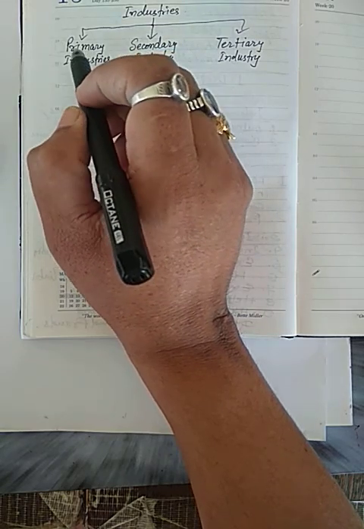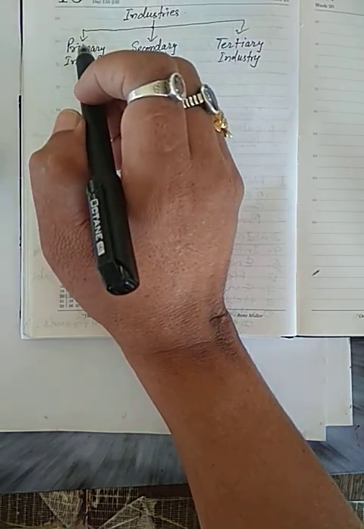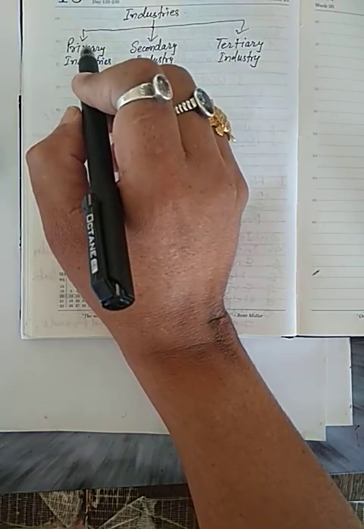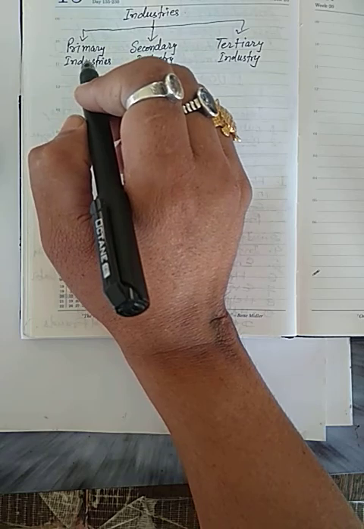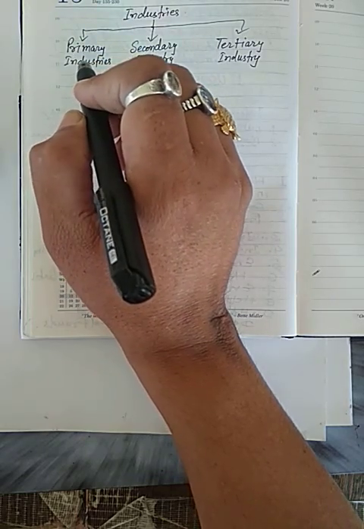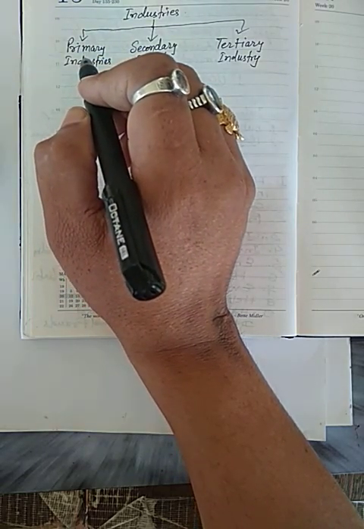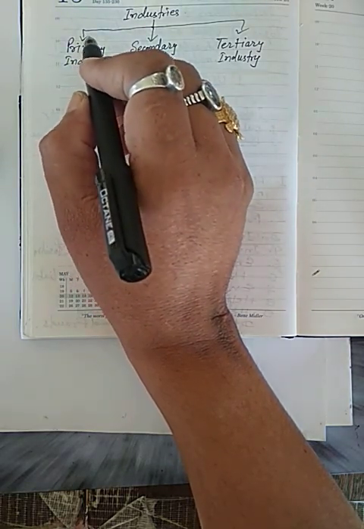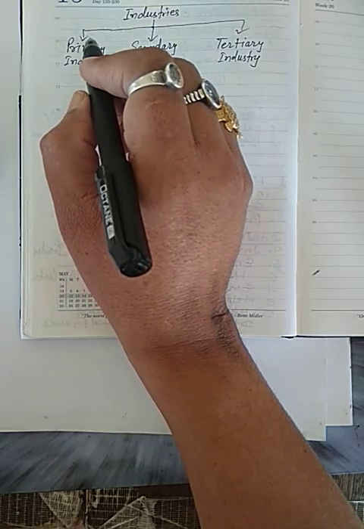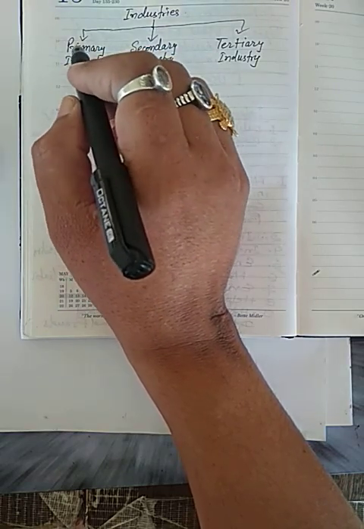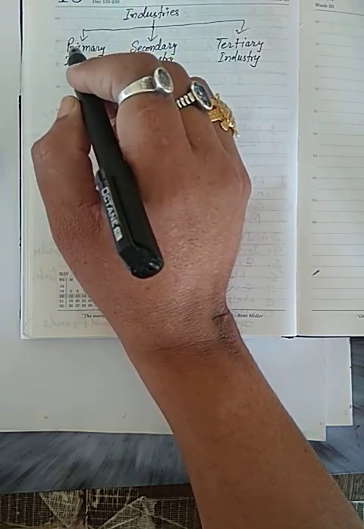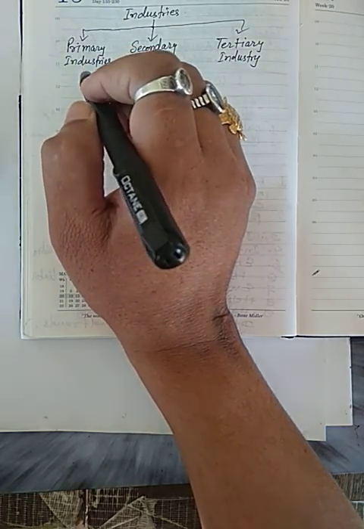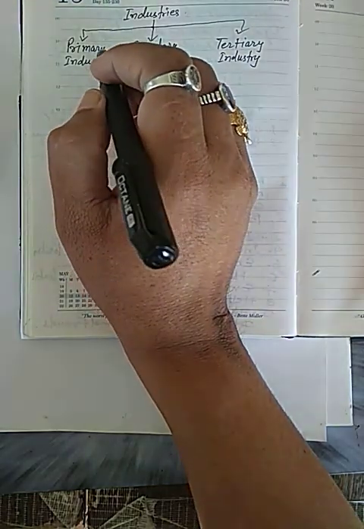Primary industries include all those industries which are concerned with extraction of natural resources and reproduction of living species. These industries can be further classified into two categories.